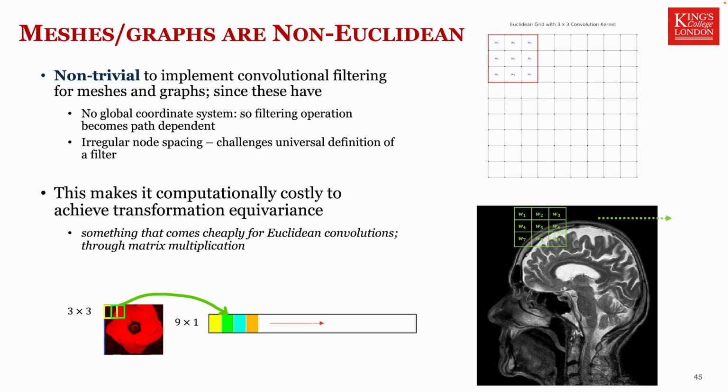And all this can be made extremely efficient to implement on GPUs through matrix multiplications, because we can just unwrap our regularly shaped filter and we can unwrap our regularly shaped image patches, and we can just multiply them together such that this matrix multiplication operation exactly corresponds to the spatial convolutional filtering operation.